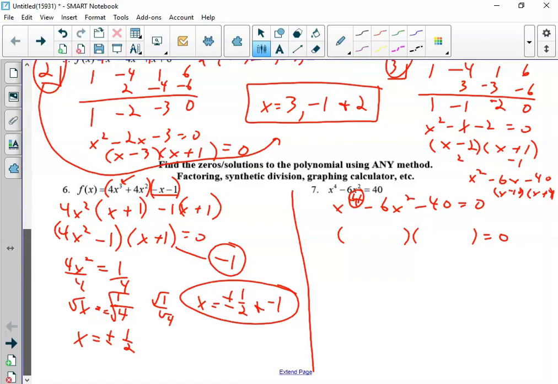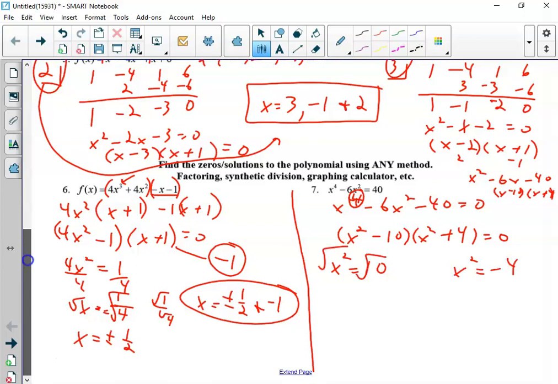Right? It's the same thing. Except now, instead of being x times x, it's going to be x squared times x squared. This is still negative 10 plus 4 equals 0. So x squared equals positive 10, and x squared equals negative 4. Set them both equal to 0, move over the numbers.